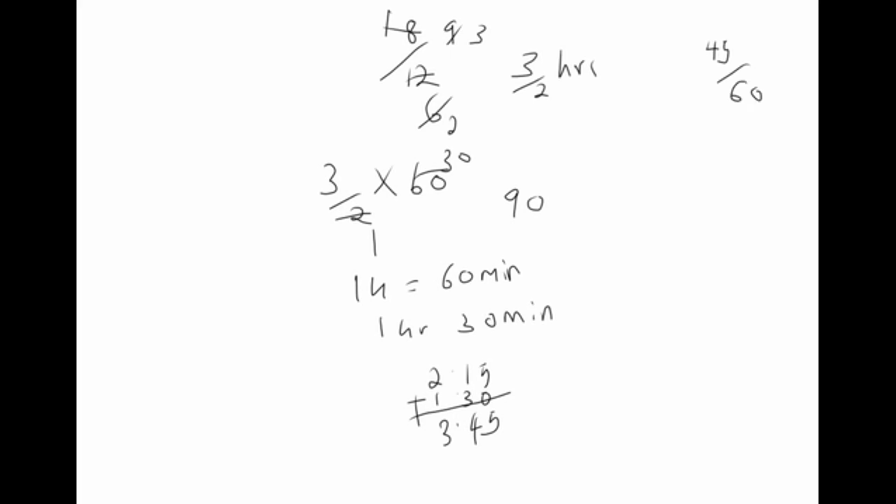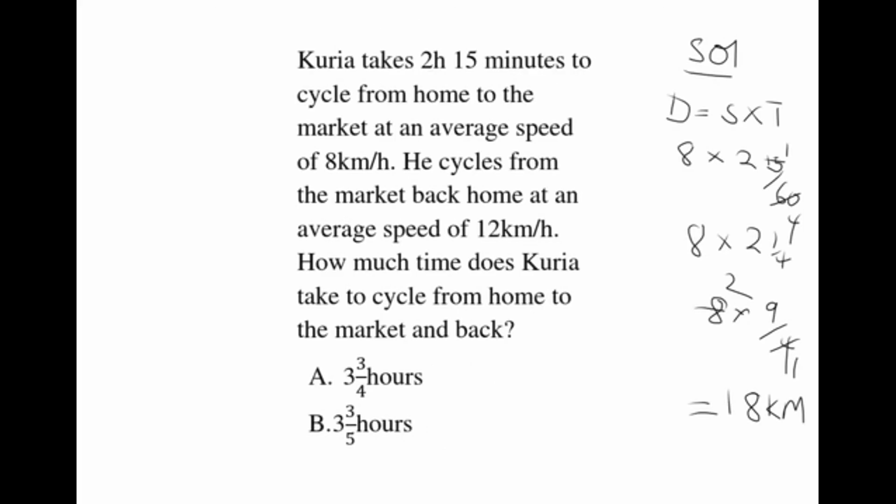We can simplify by 5, 9, by 5, 12, by 3, 3, by 3, 4. Therefore, we have 3 and 3 over 4 hours. Therefore, our correct choice is A.